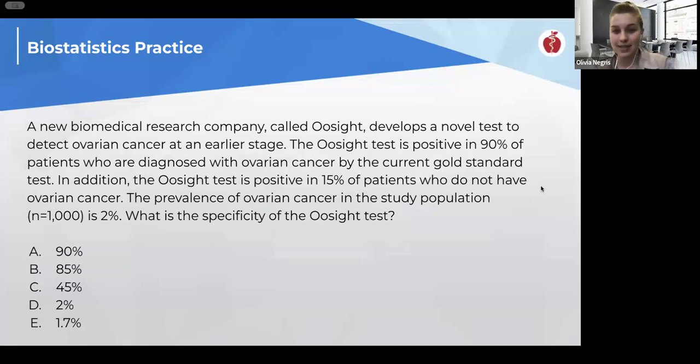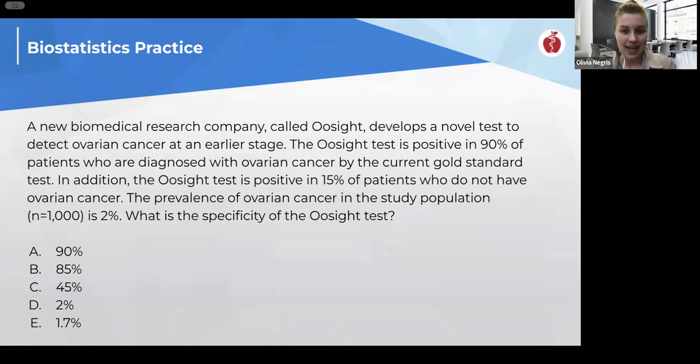That is our false positive rate. So it is false positives over false positives plus true negatives. So everyone that's testing negative, whether it's an accurate or inaccurate read, is our bottom number, our denominator. So that's the total patients that do not have ovarian cancer.